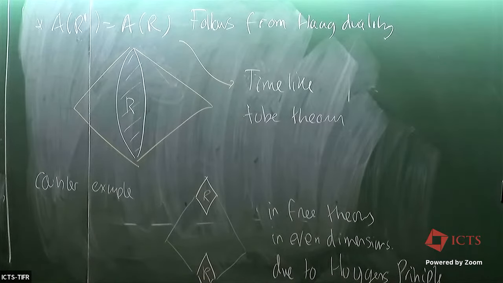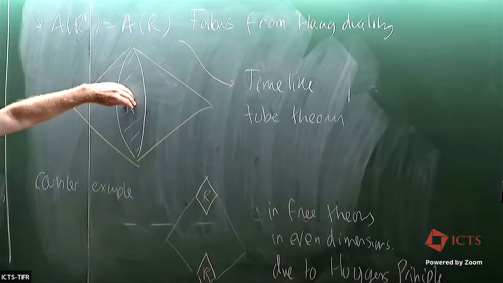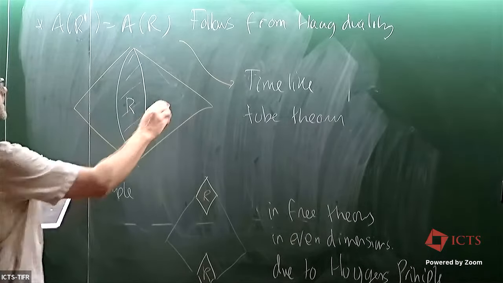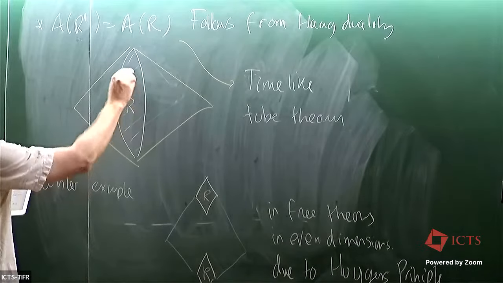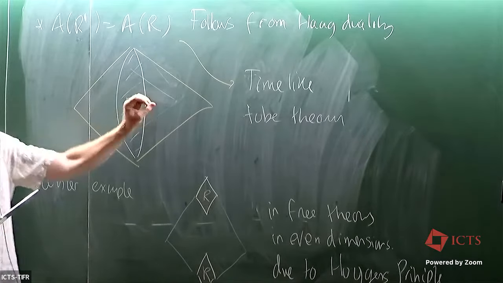I don't understand, if I have an operator which is out there in the wings, are you saying I can express that in terms of operators in R by this? Yeah, you can. I guess you're basically doing some kind of space-like evolution.